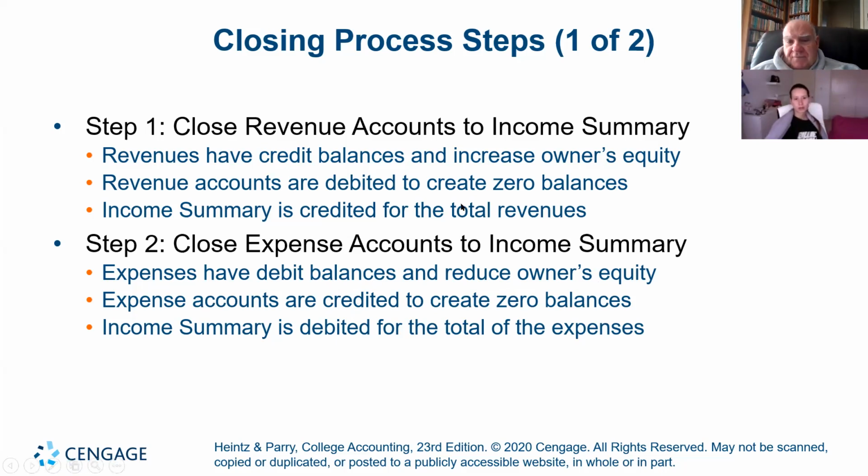We put the sales in, we put all the revenues in, and then we put all of the expenses into the income summary. So what does that balance represent? What are revenues less expenses? What does that equal?